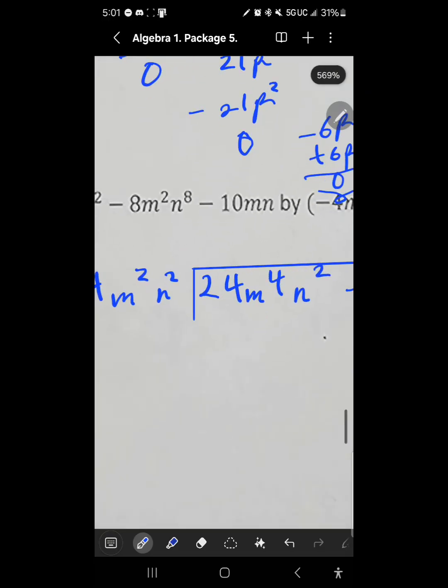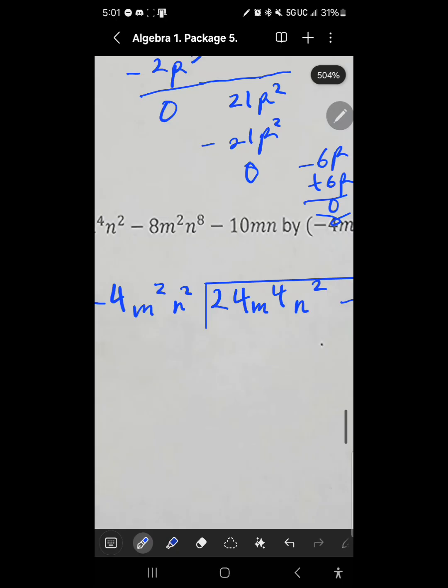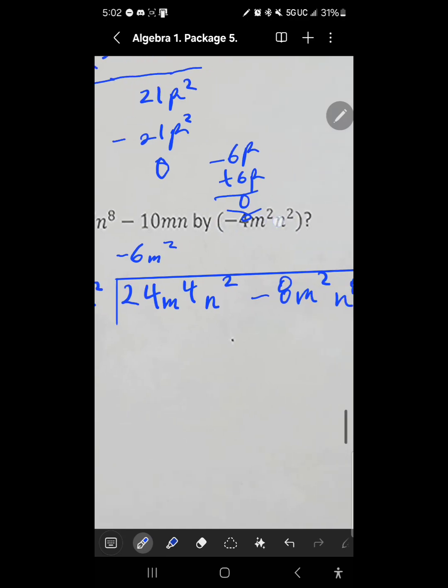Now, 24 divided by negative 4 is the same as negative 6. M4 divided by M2 is M at the 4 minus 2, which is M2. Then N2 divided by N2 just doesn't exist.